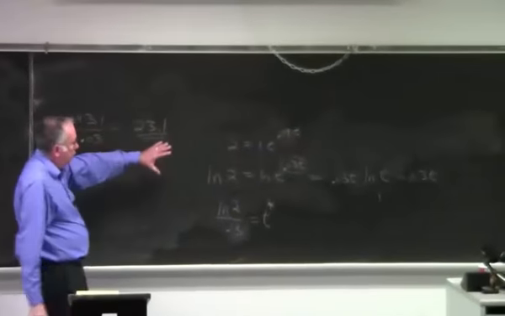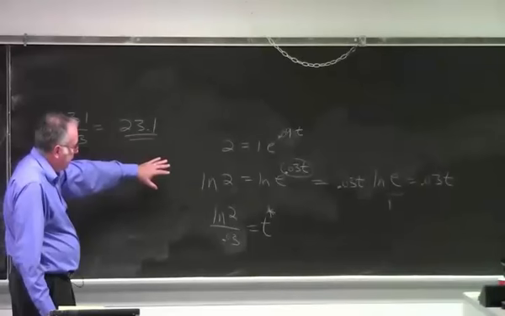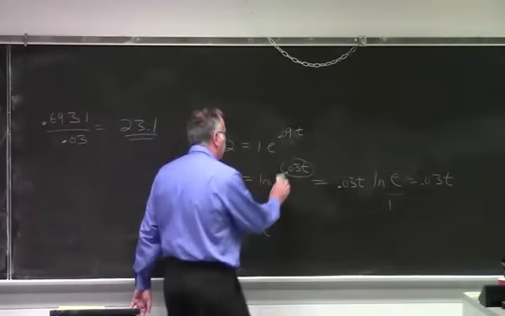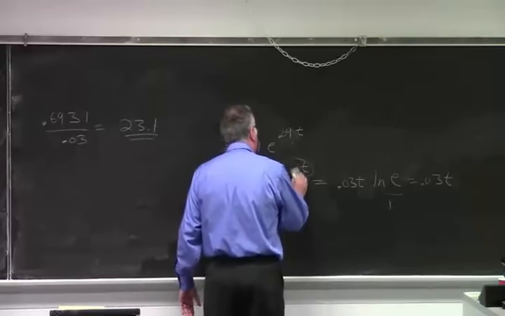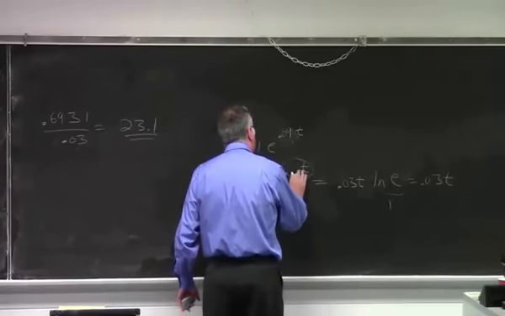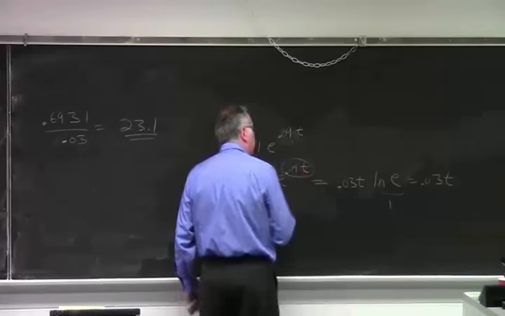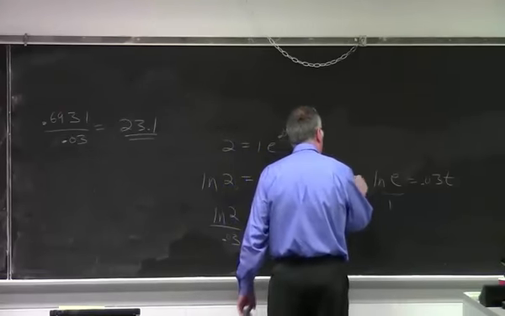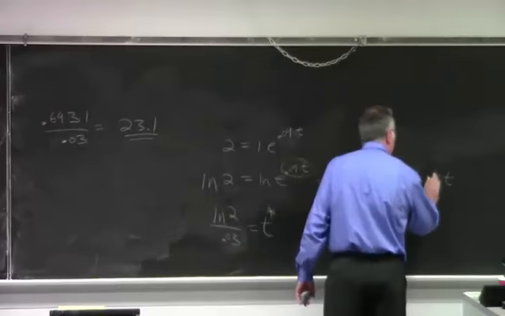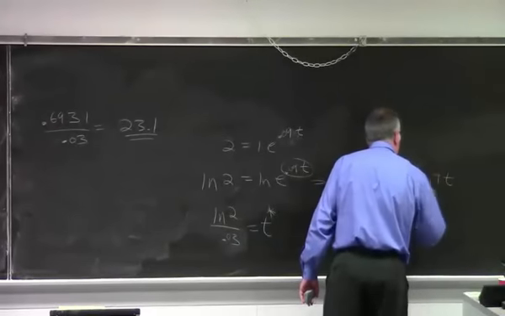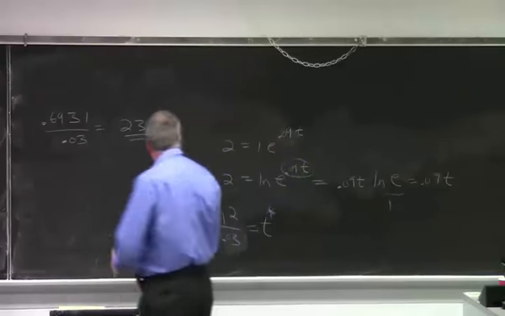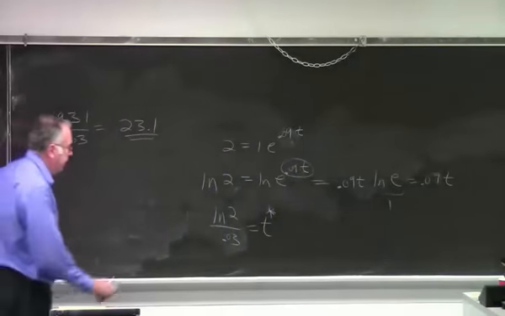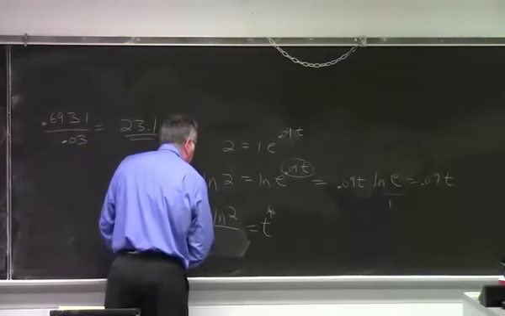So again, we would take the logs of both sides. Natural log of 2 equals natural log of e to the 0.09t. And now you bring this 0.09 down. And now t is equal to the natural log of 2 again, but it's divided by 0.09.